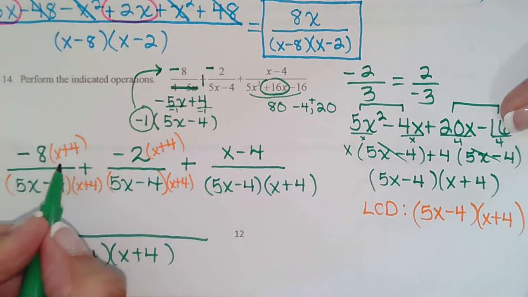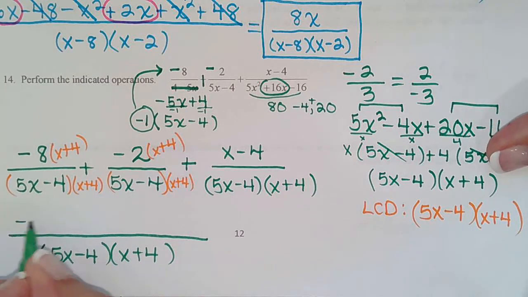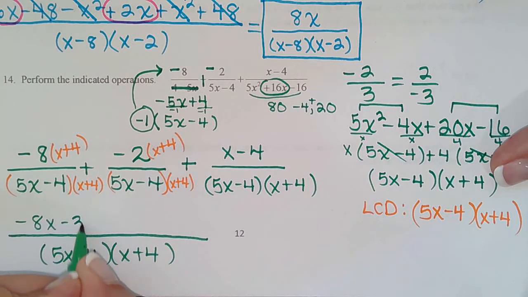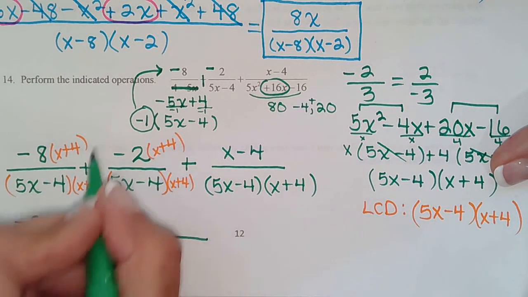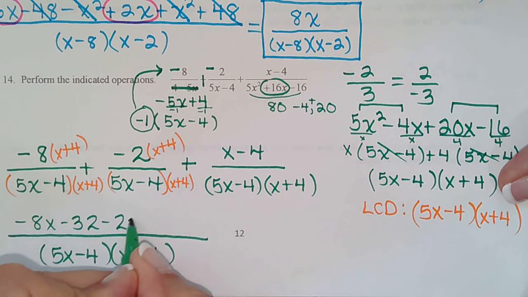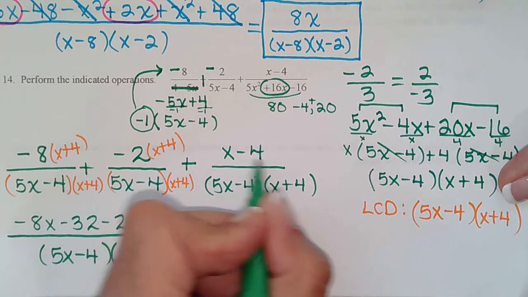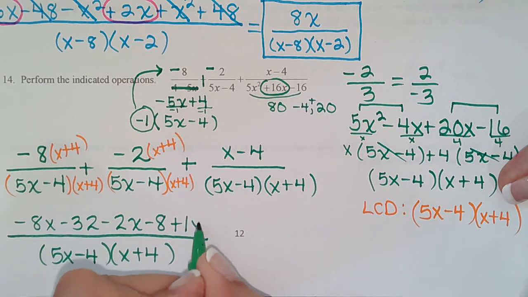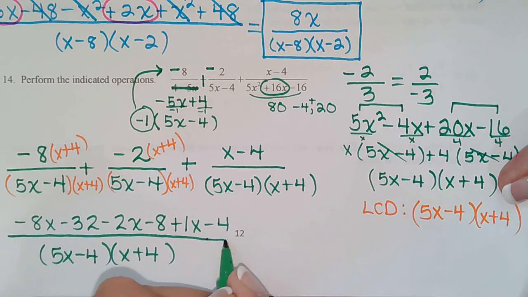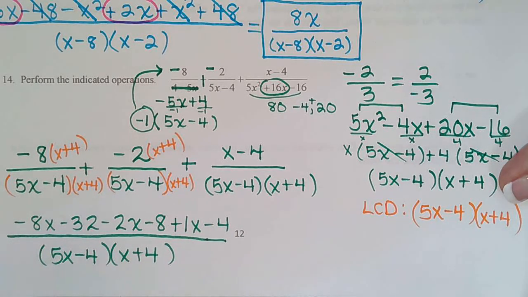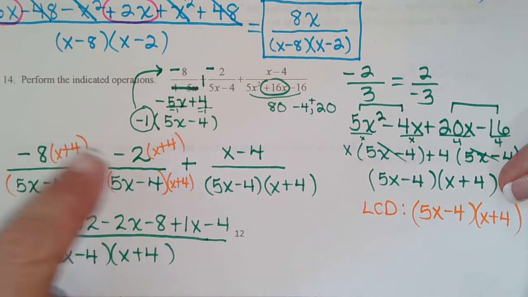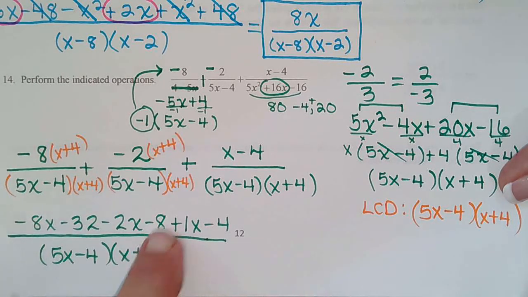So we're going to get negative 8x, negative 32, negative 2x, negative 8. And then this one stays the same, so I'll write it as 1x minus 4 because I can see we're going to be combining like terms. So negative 8x, negative 32, negative 2x, negative 8, 1x minus 4.